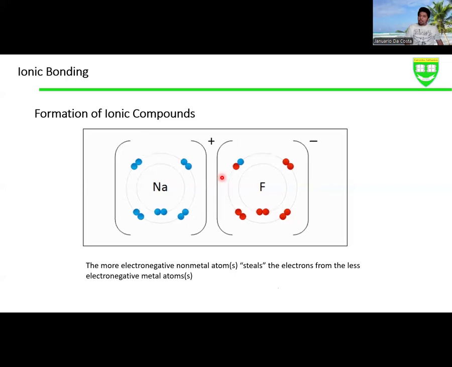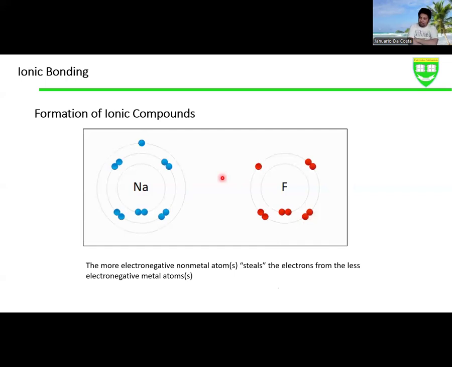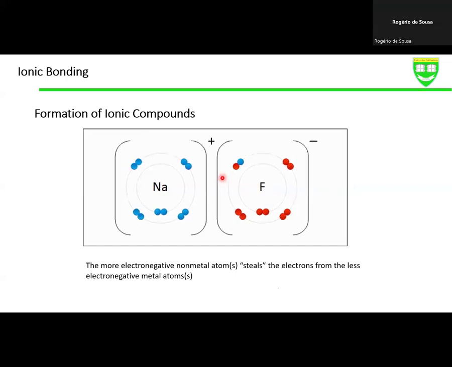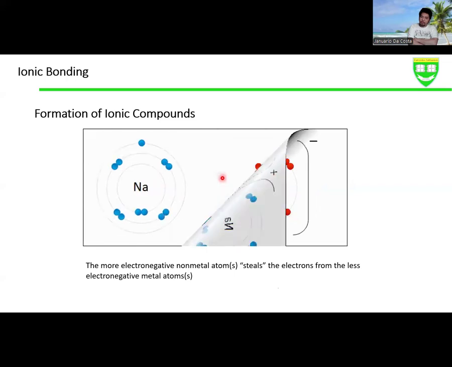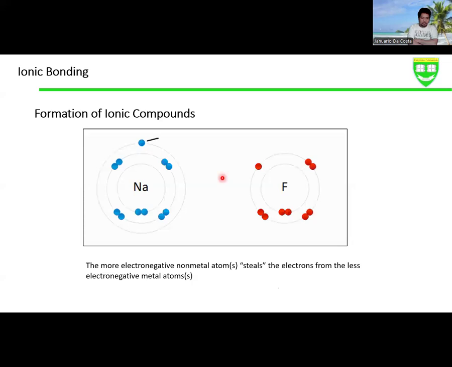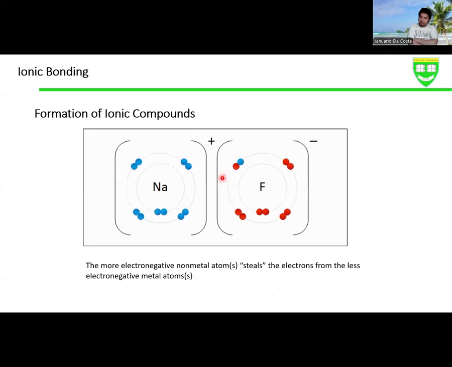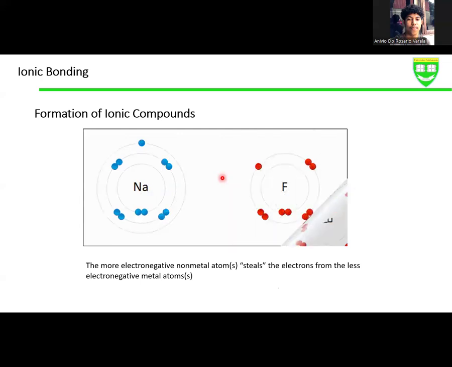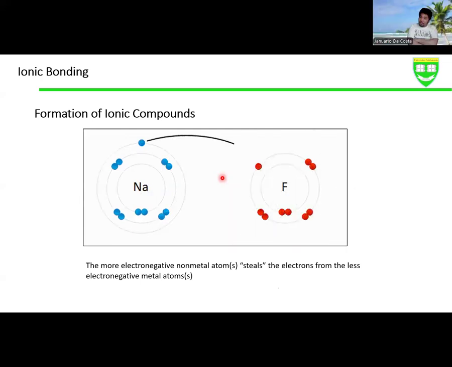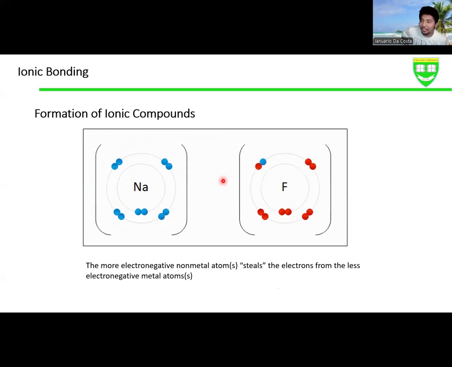Why do atoms do bonding? Rosario. Atoms need to do bonding because they want to be stable. Yes, electrons want to bond because they want to reach stability.